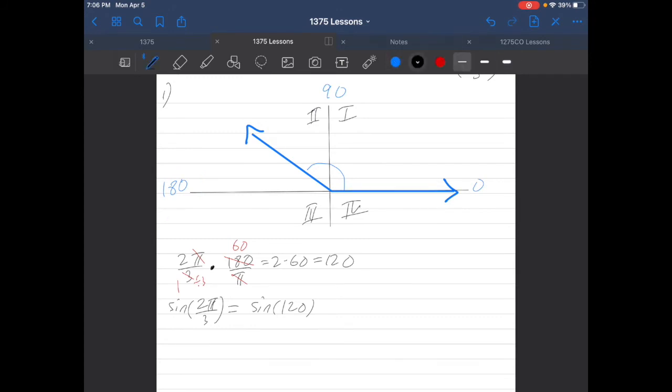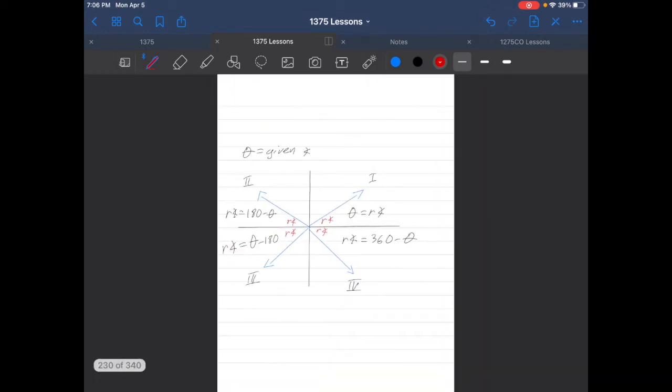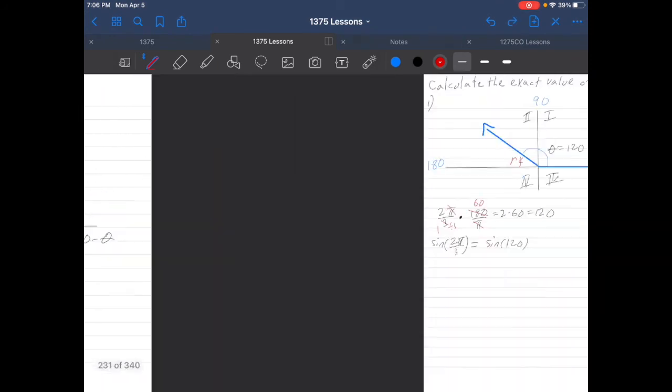And now what we can do is identify this as an angle in the second quadrant, quadrant number 2. We can draw ourselves our reference angle. We can identify our reference angle, and we can also use our chart here to figure out what the reference angle is going to be.